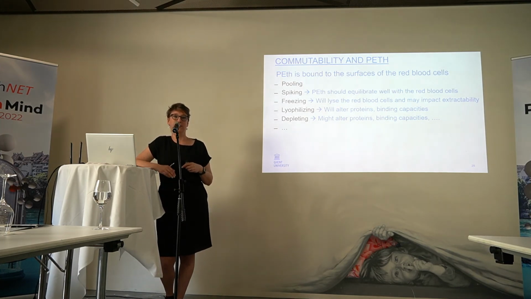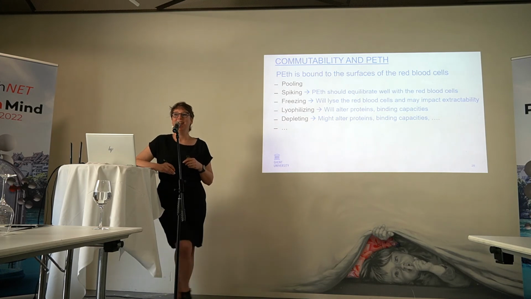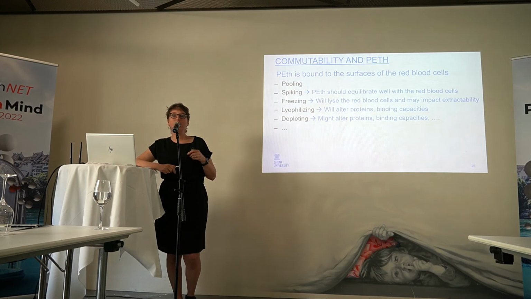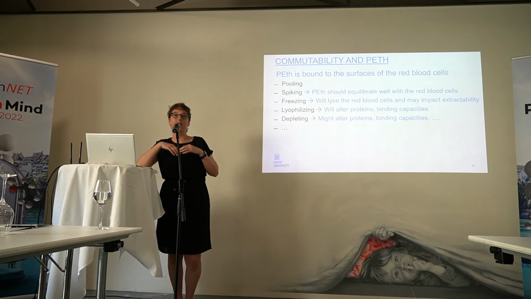And in my 20 years in this field, we have all tried to use spiked samples or pooled samples as a way of making high volume calibrators and QC materials. And often we have to go back and say it didn't work.